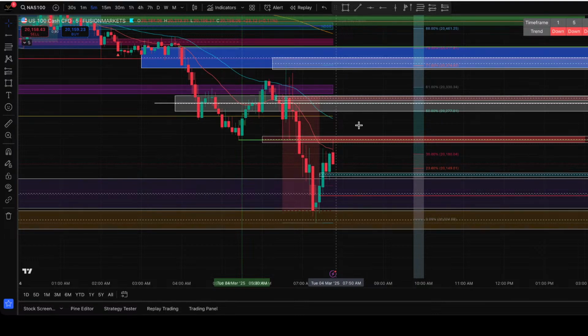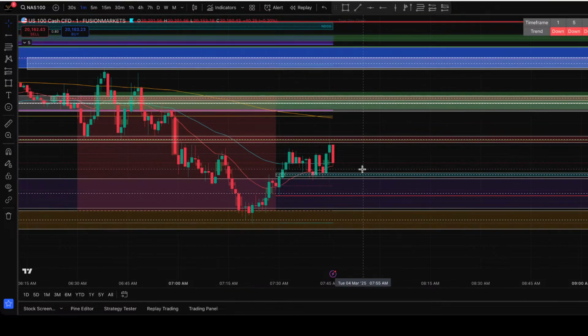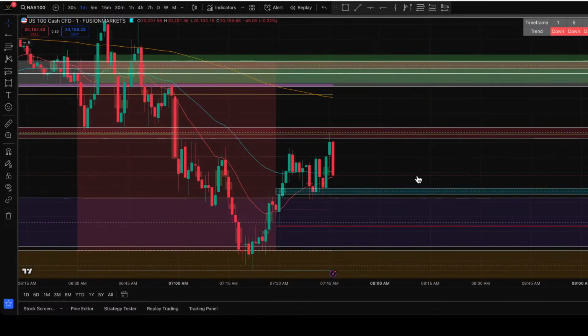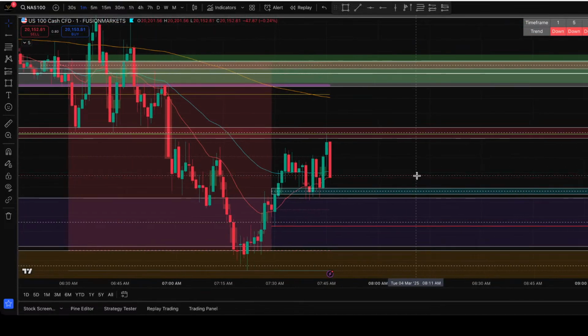That's a telltale sign right there. You want to see a 5M bearish fair value gap be created now. Let's see if we find one on the 1M first. 16 seconds left.